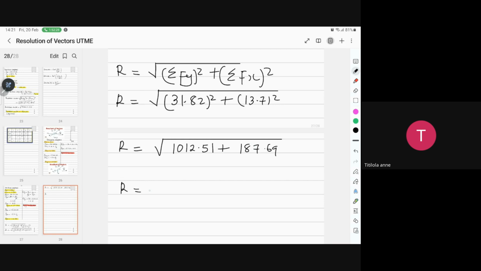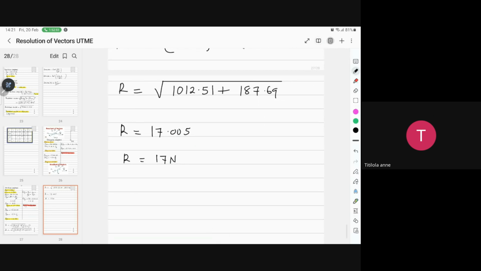So the resultant vector will now be equal to the square root of 1012.51 plus 187.69. So that will give us 17.005, which means the resultant vector is 17 Newton. So that's the magnitude of the resultant vector.